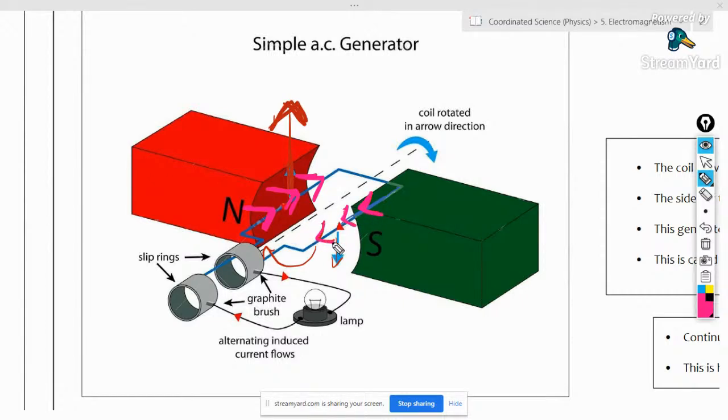But 180 degrees later, the current is going the other way in it. That is precisely why AC generators produce AC current, alternating current, because it's going one direction, and then a split second later, it's going the other direction. It's alternating directions every half turn. Okay, I hope that makes a bit of sense. That is why generators produce alternating current.